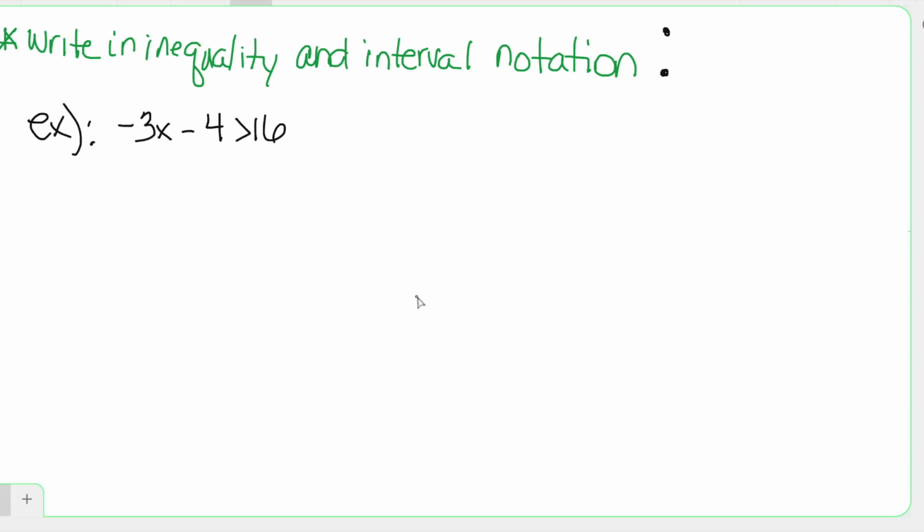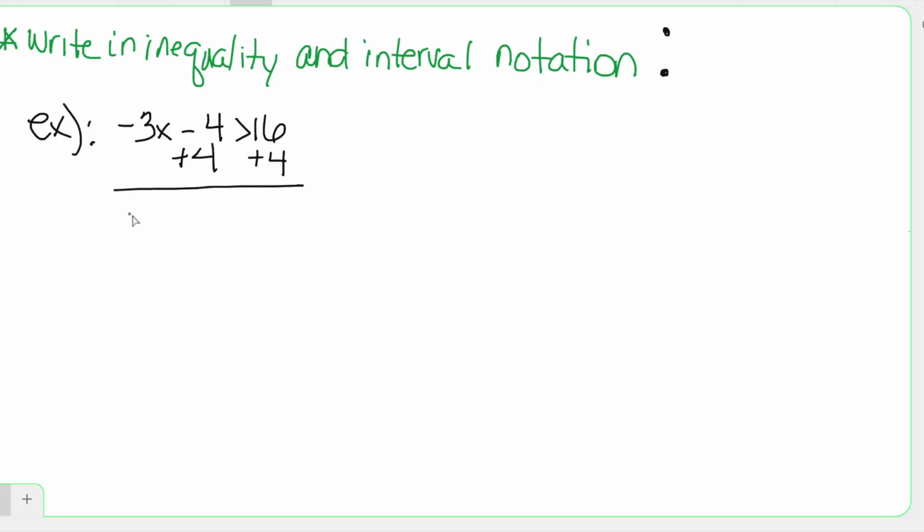So we have one variable, and that one variable is x. You're basically solving this like a linear equation, it's just that you're taking into account the inequality sign. So you know that we're going to do the opposite, and we're going to add 4 here.